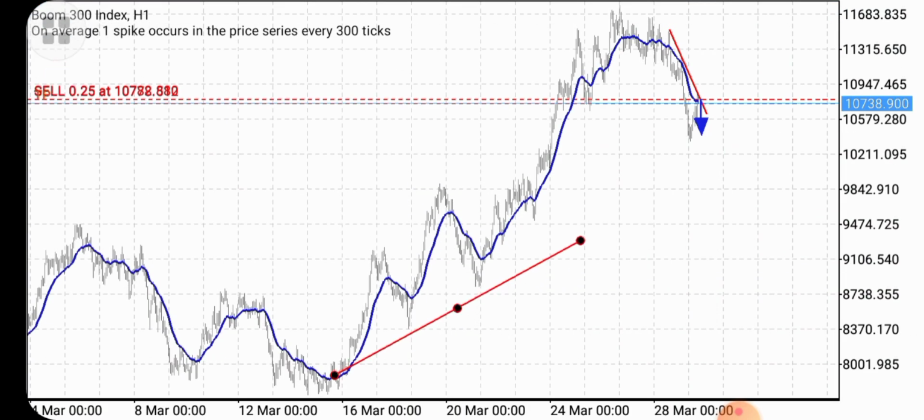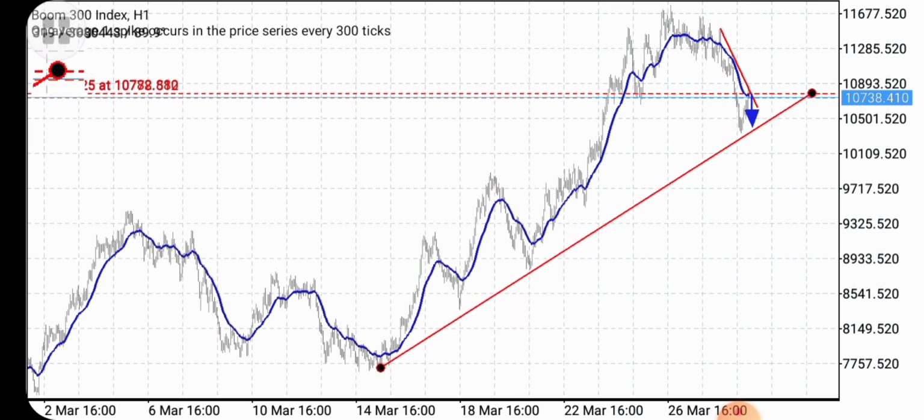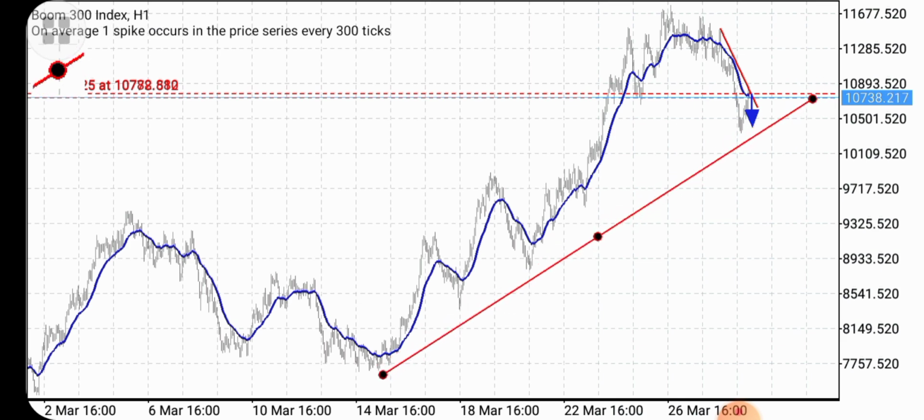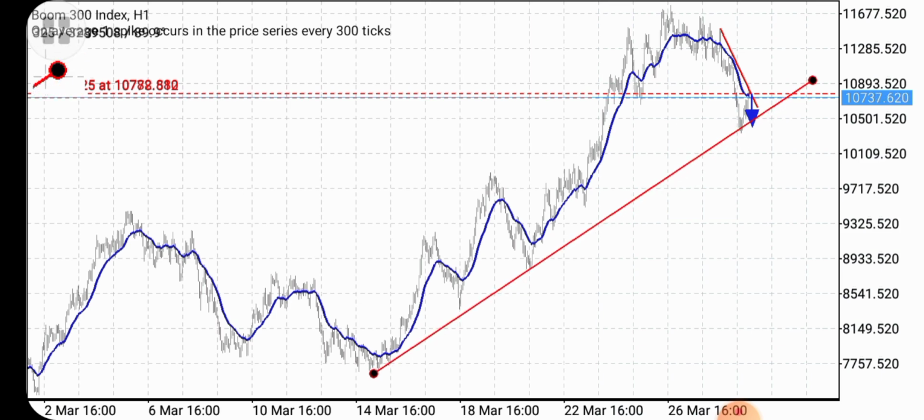Let's draw a trend line from the lower view, the old previous time market, and look at what we are having here. If we draw this trend line from the previous market chart, we are going to get this formation.